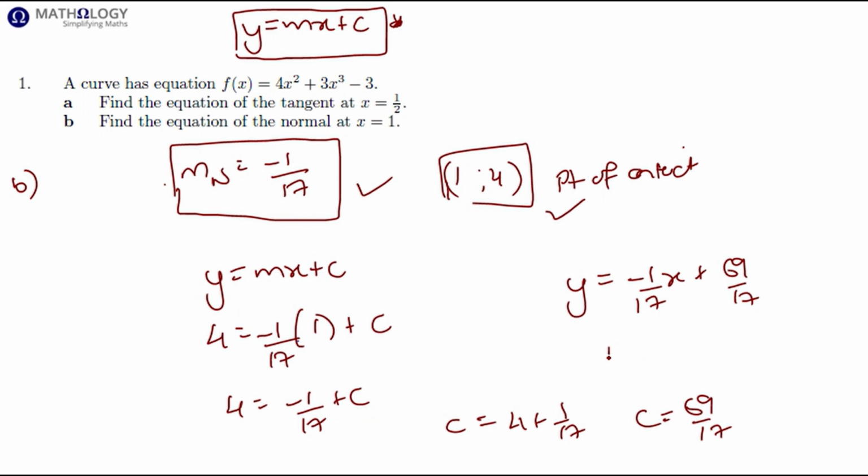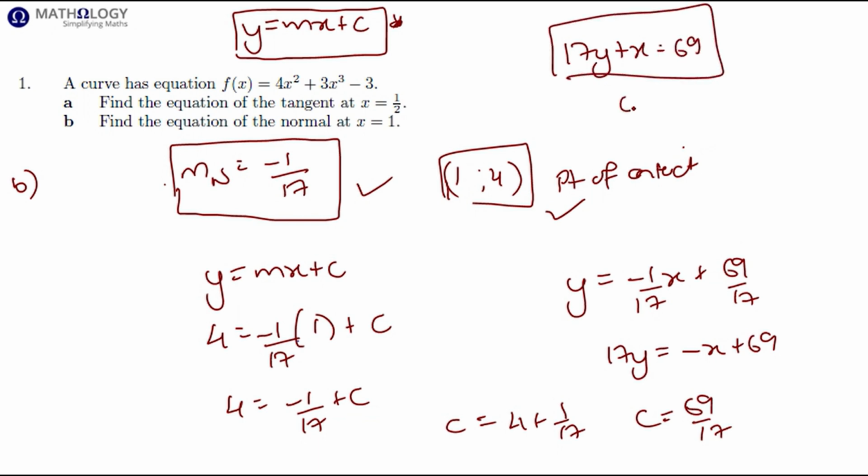A better form would be 17y equals minus x plus 69. An even better form would be 17y plus x equals 69. And this is the equation of the normal to f of x at the point of contact, which was 1, 4.